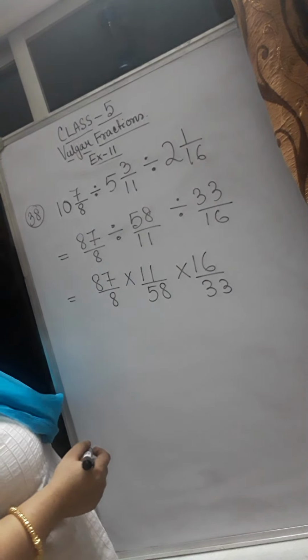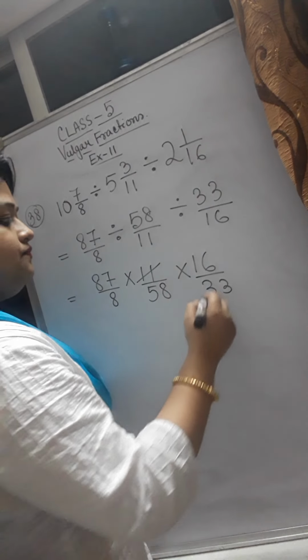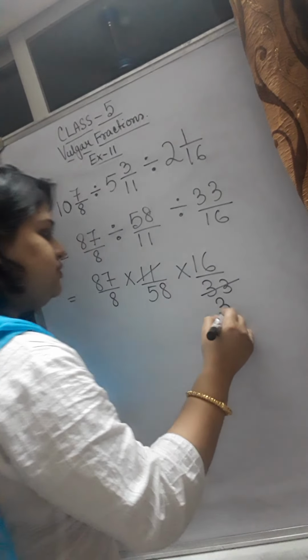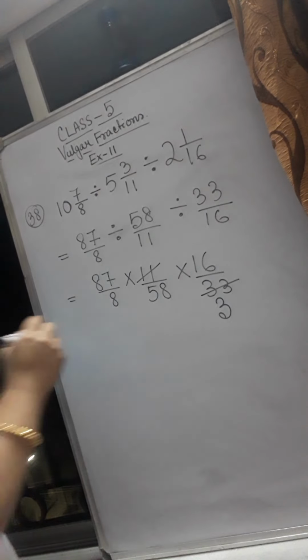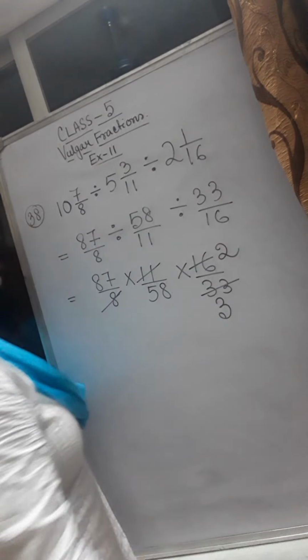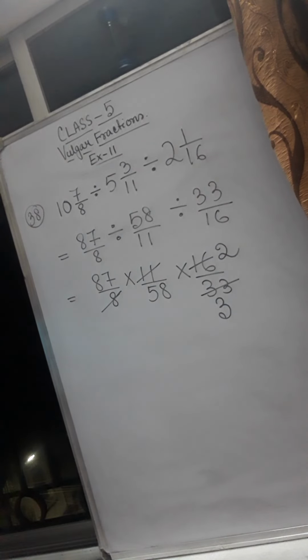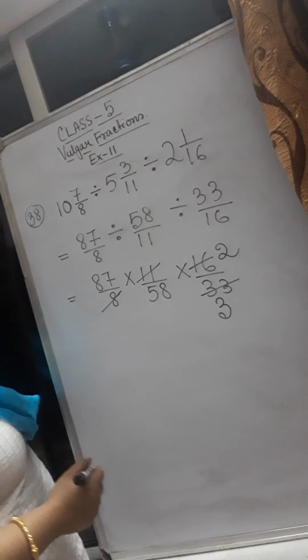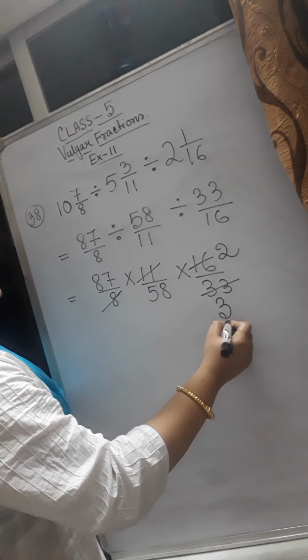Now we will try to divide. Now 11 3s are 33. 8 2s are 16. Whatever you can see only by looking, if you can divide, first you complete that. Now 3 and 87.